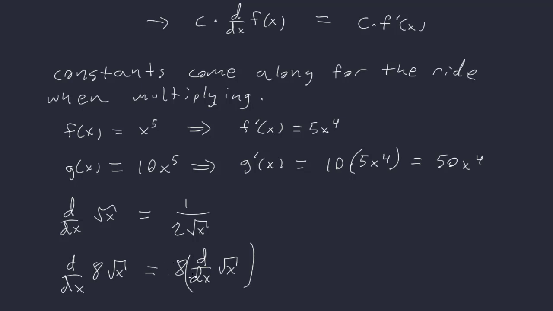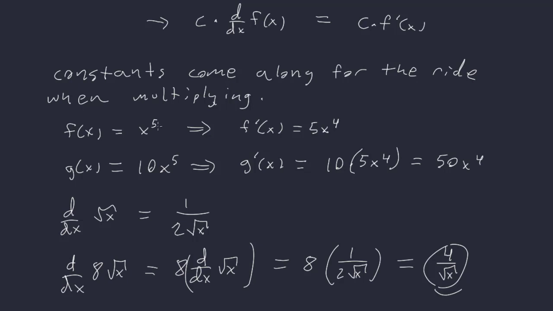We can move the constant outside, and it will just be 8 times 1 over 2 times the square root of x. And the 2 will cancel with the 8, and we'll end up with 4 over the square root of x. Notice here, I didn't have to go through the limit to do this.